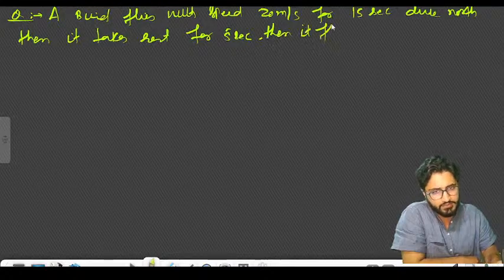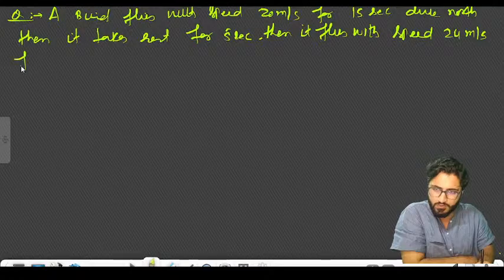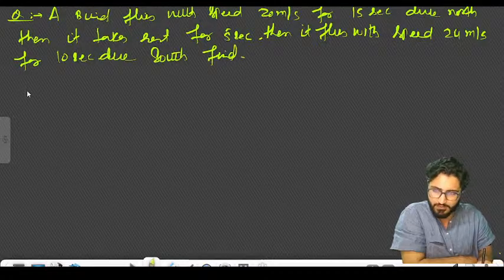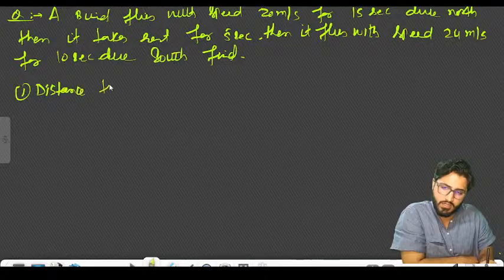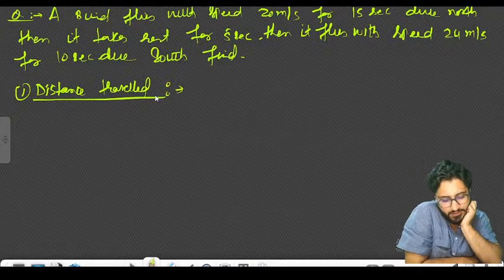Then it flies with speed 24 meters per second for 10 seconds due south. Find first part, distance traveled.